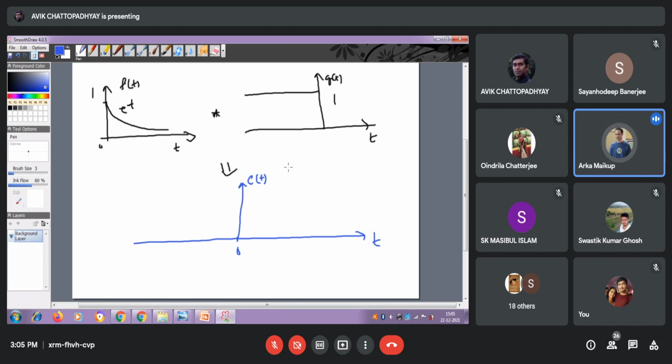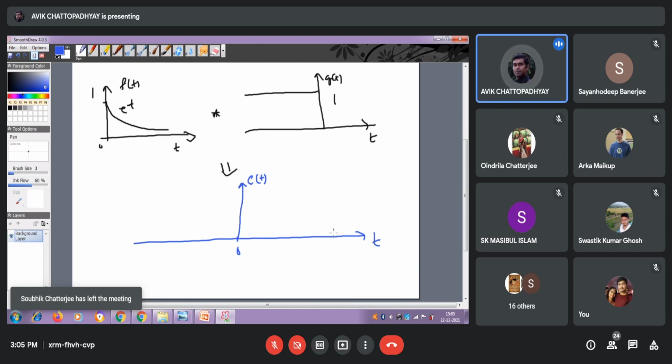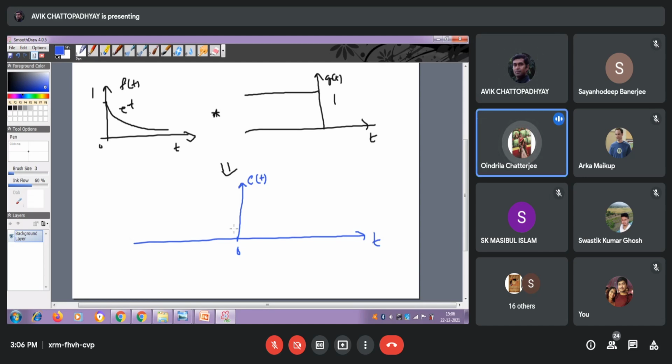That means from 0 to infinity, it will decrease. Okay, and what about from 0 to minus infinity or minus infinity to 0? So it will be touching 1, but it won't touch 1 like the previous one.